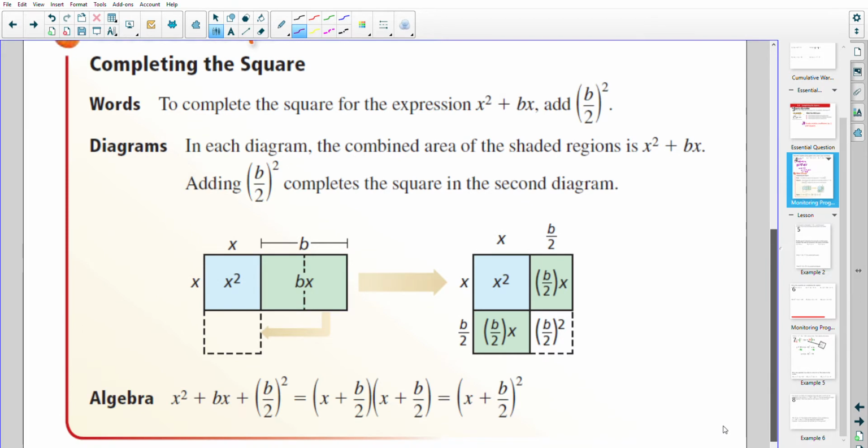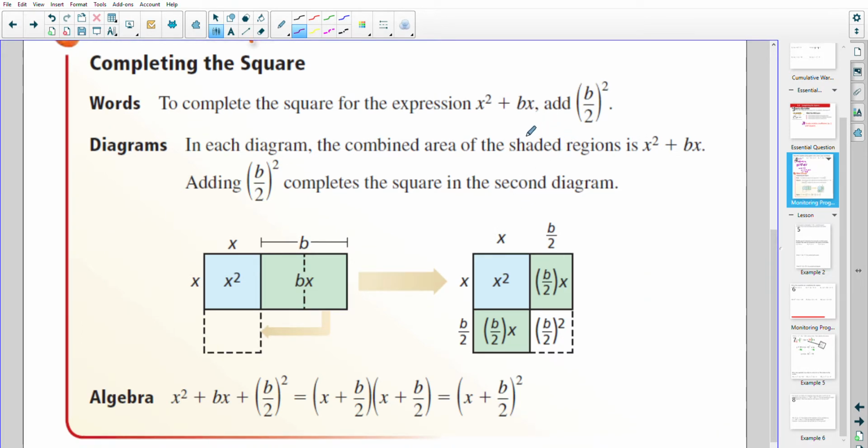Now, when you complete the square, you're going to have two terms that look like this. And when you have the square term and the x of the first term, you're going to need to add a number to make it a perfect square trinomial.